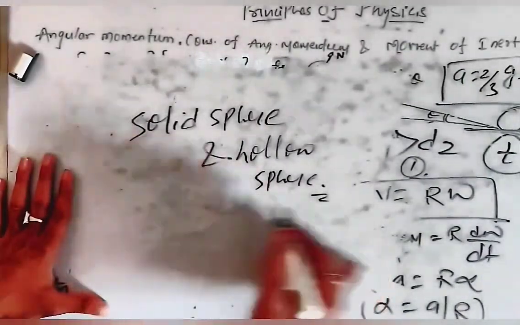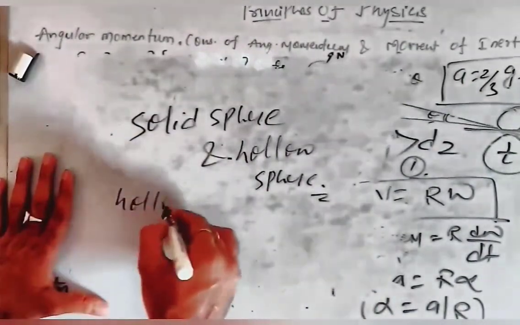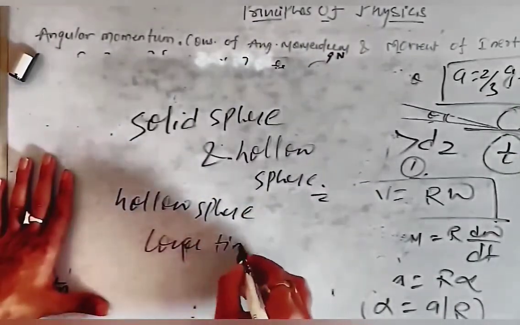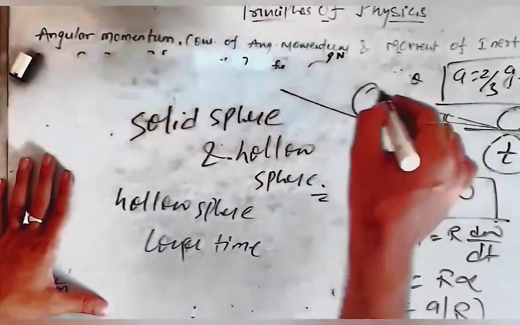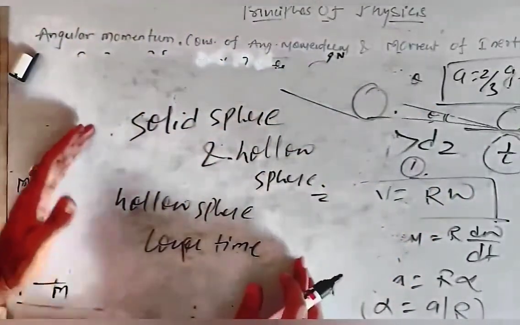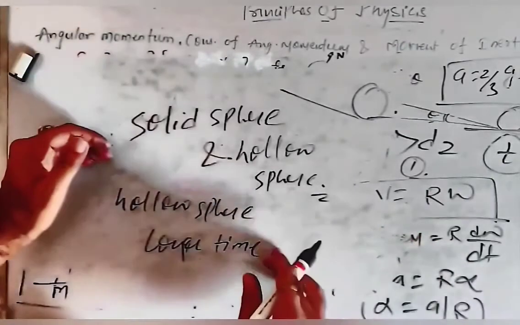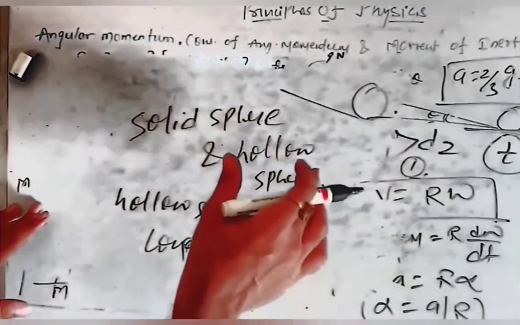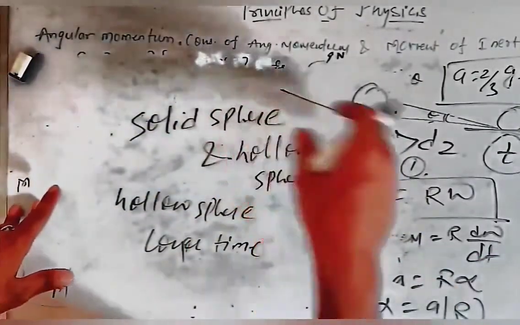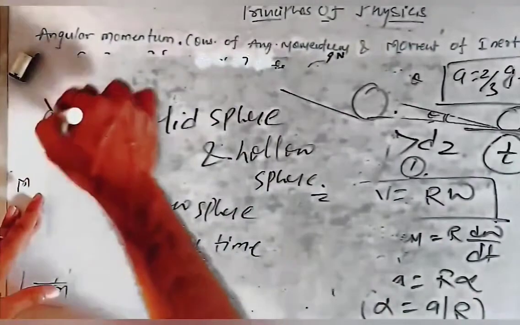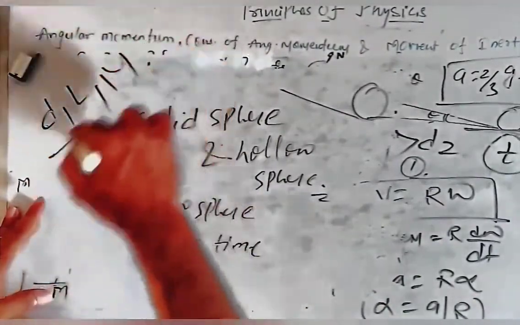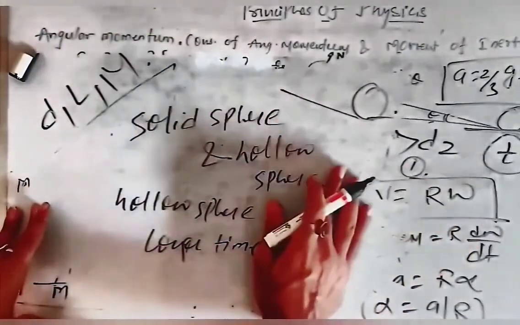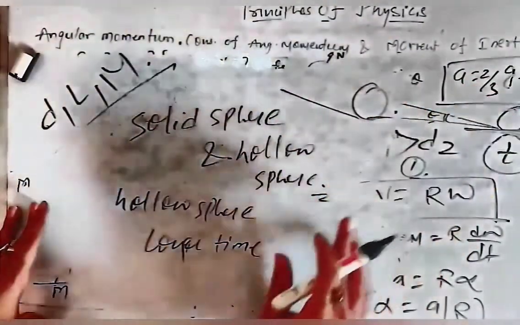So it's always the case that the hollow sphere will take longer to reach the bottom. So only in this case, where the moment of inertia changes, will the time taken differ. Otherwise it will take the same time irrespective of diameter, length and mass m. So these are the important factors on which the moment of inertia depends.